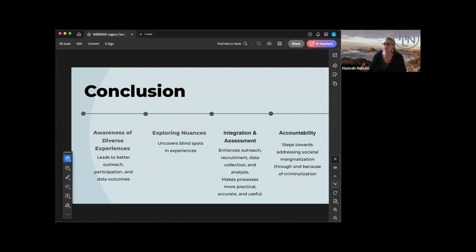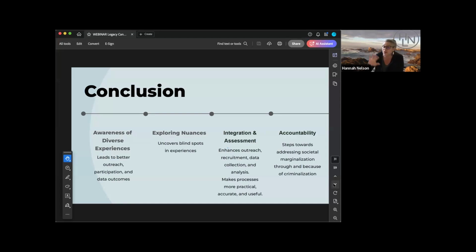So bringing this all together, and this is just like each of us has been presenting a mini version of fuller discussions, which are posted on our website, and you can look at full webinars on each issue. But the awareness of diverse experiences really leads to better outreach, participation, and data outcomes.